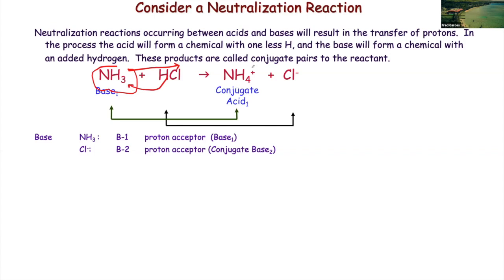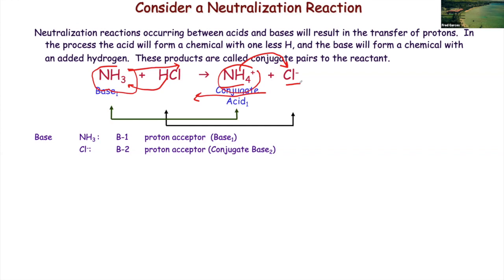Okay. Ammonium, remember, ammonia is NH3. Ammonium, IUM, is NH4 plus. In the reverse direction, however, ammonium is the acid, because if you go in the reverse direction, it's NH4 that will deliver its hydrogen to the chloride, and so that's the proton donor, and then the chloride will be the proton acceptor.